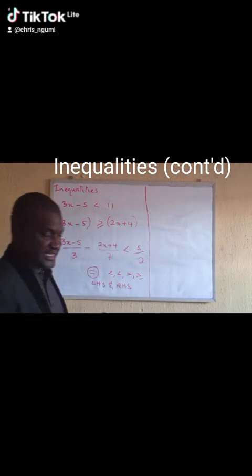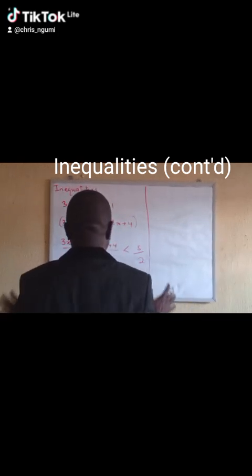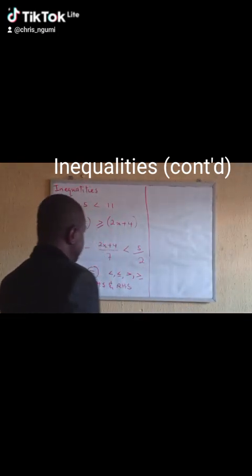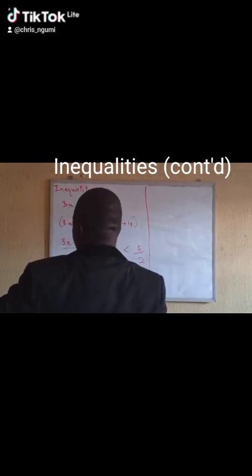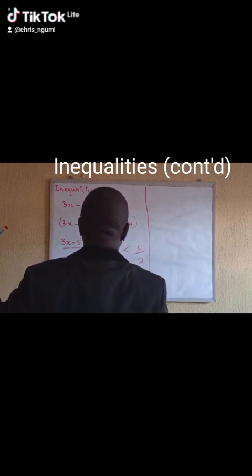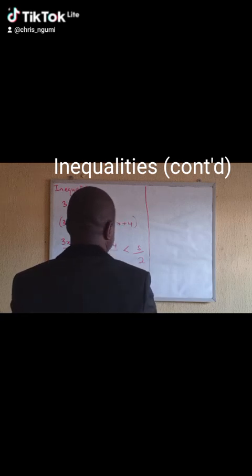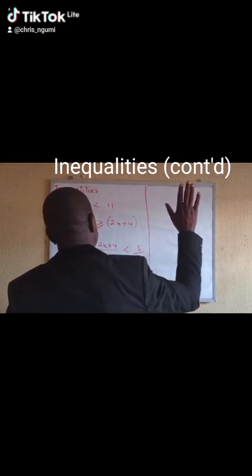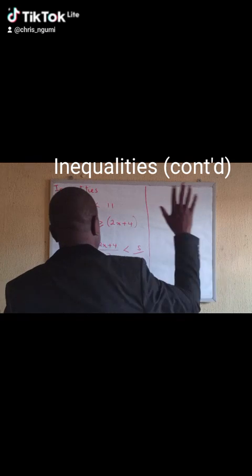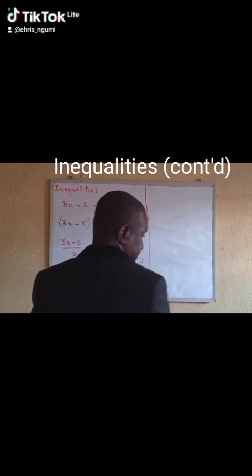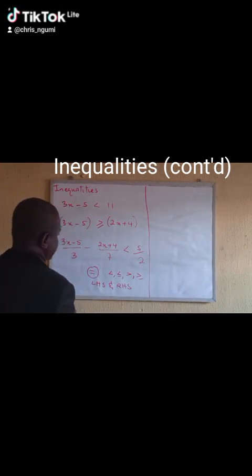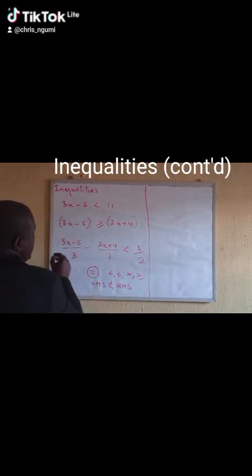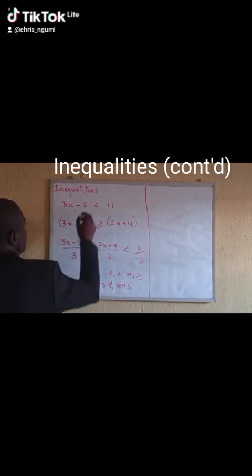Now as we say in equations, the same thing applies to inequality as you are facing it. Any expression on your left, before the inequality symbol, is said to be the left hand side. The same thing too, the expression after the inequality symbol, on your right as you are facing it, is said to be the right hand side. So let's demarcate the left hand side and right hand side in these inequalities.